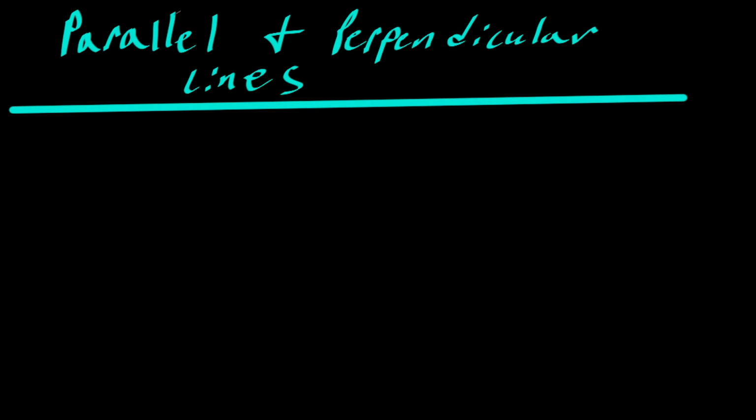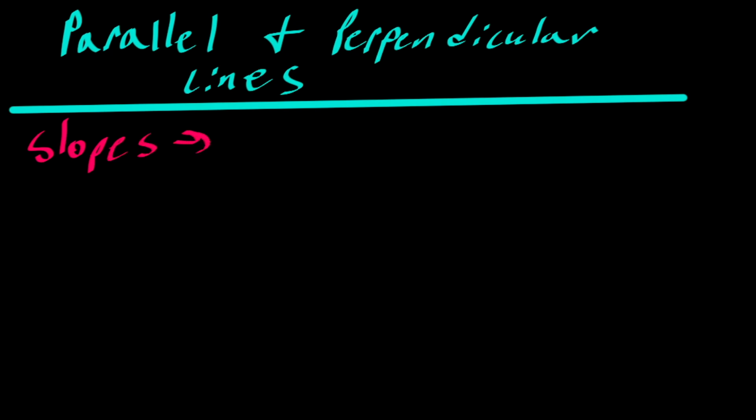In this video we're going to look at parallel and perpendicular lines, and we're going to look at how to tell the difference between the two. So let's start with this. The main difference between parallel and perpendicular lines is the slopes. Let me rewrite this because that was a little sloppy.